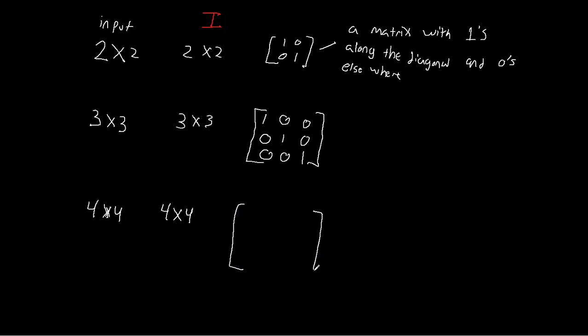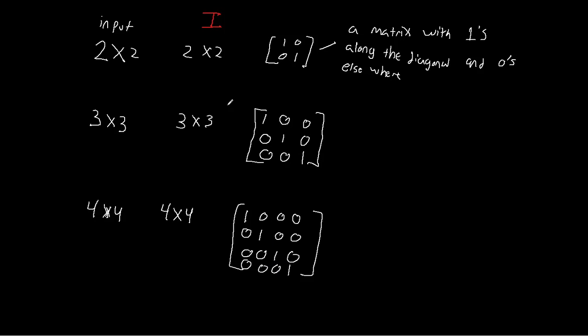And if we expand that out, again, a matrix with ones along the diagonal and zeros everywhere else, it's going to be 1, 0, 0, 0, then 0, 1, 0, 0, then 0, 0, 1, 0, and then 0, 0, 0, 1. Again, 4 rows, 4 columns. Ones along the diagonal and zeros everywhere else. Okay?